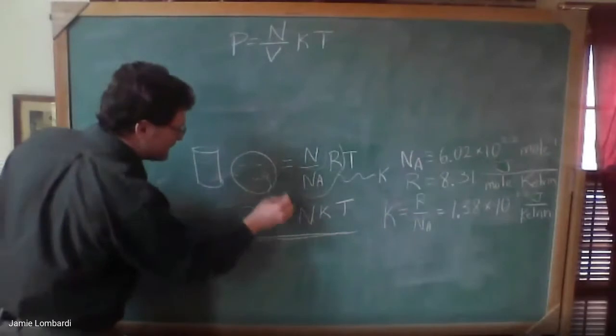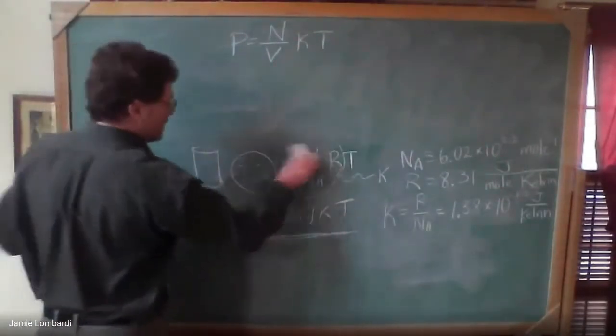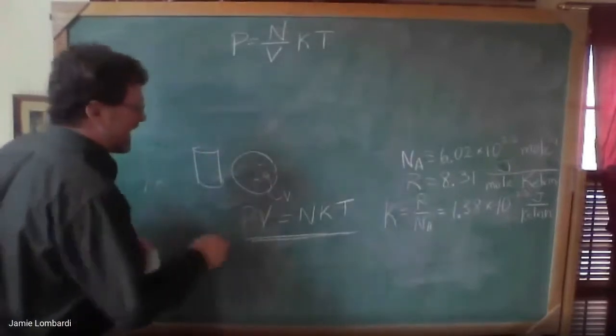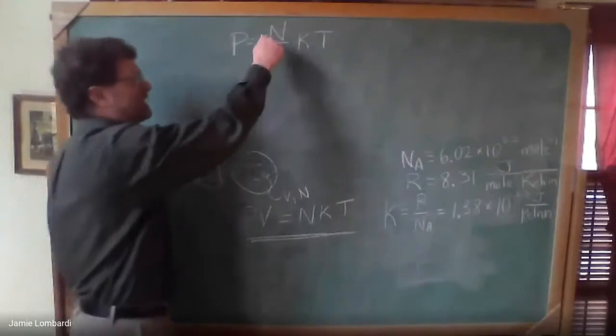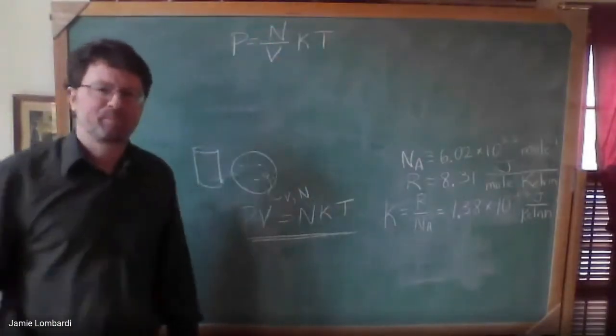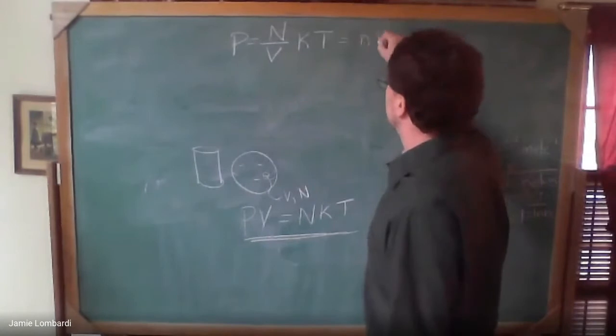So inside that little parcel of volume V, there are N particles. And what's the name we give to N over V? Number density. Yeah, that's the number density. That's the definition of number density.